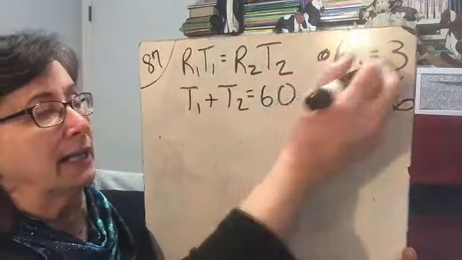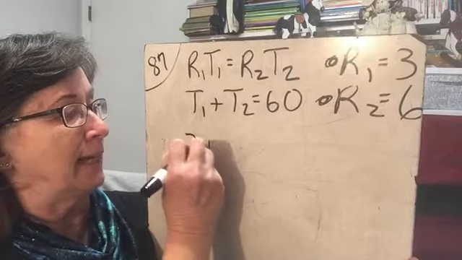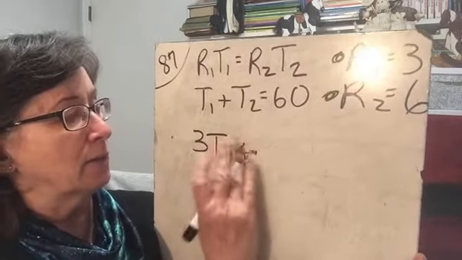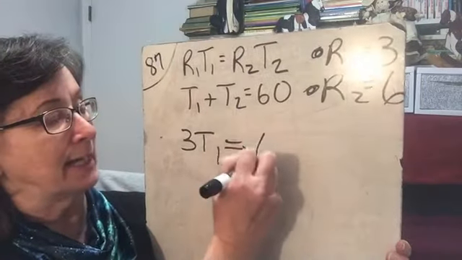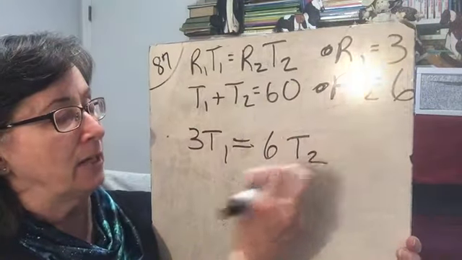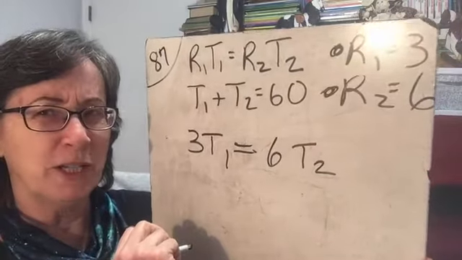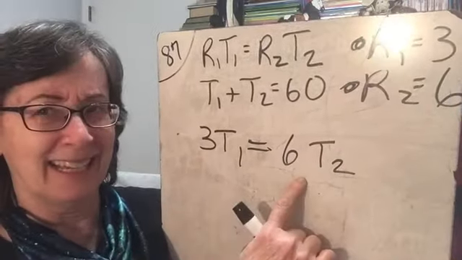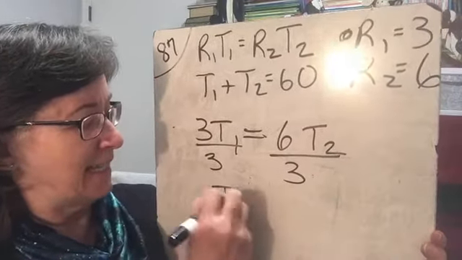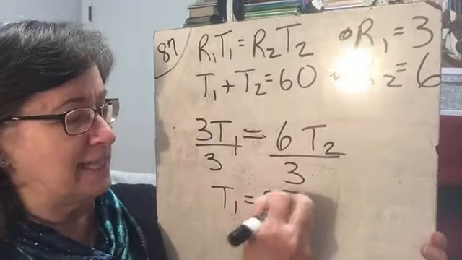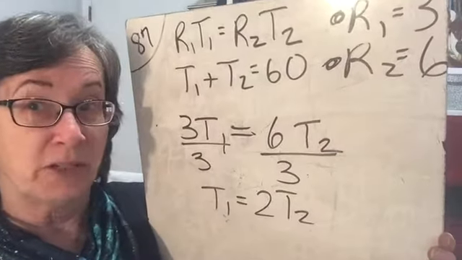So R1 is 3, so this can be 3T1 equals R2 is 6 T2. Okay, so could we do 3, 6? Could we divide by 3 and divide by 3 and say T1 is twice T2? We could do that, couldn't we?